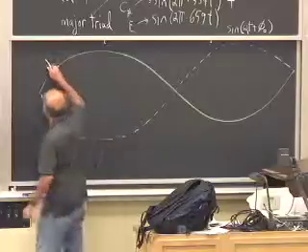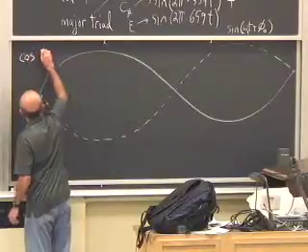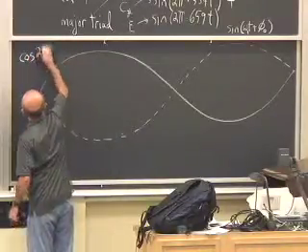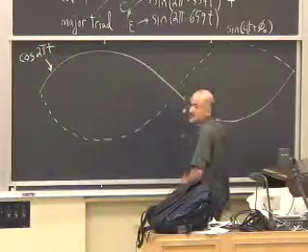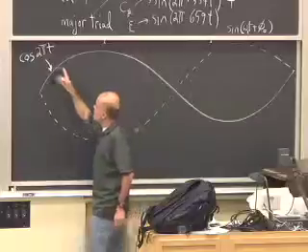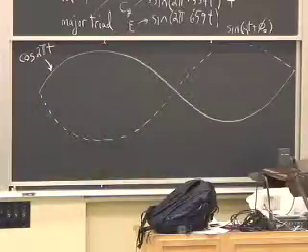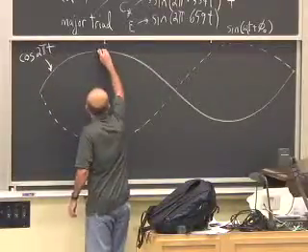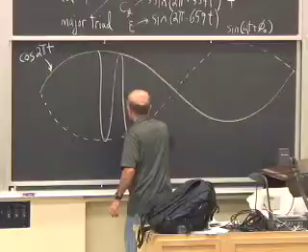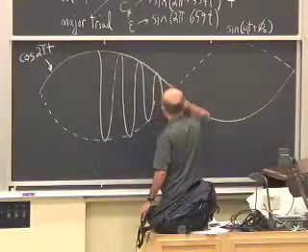So this is the cosine 2 pi t. The reason I've stretched it out like this is that this is pointwise multiplying a much faster oscillating cosine. So the other oscillating cosine goes like this.